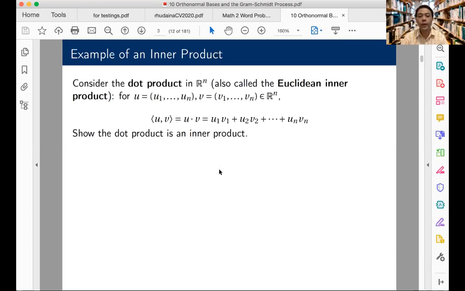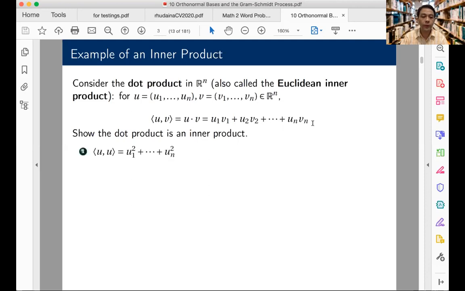If you recall, if we have two vectors U and V with these components in Rn, then the dot product denoted by U dot V is equal to the sum of the product of corresponding terms in U and V. That is U1, V1, plus U2, V2, plus and so on, plus Un, Vn. Now, is the dot product an inner product? Yes, if it satisfies the four conditions.